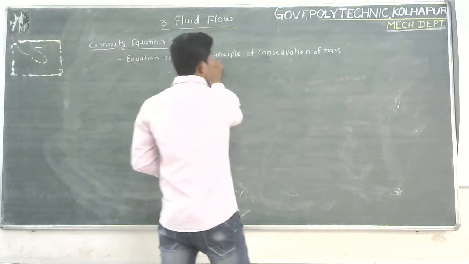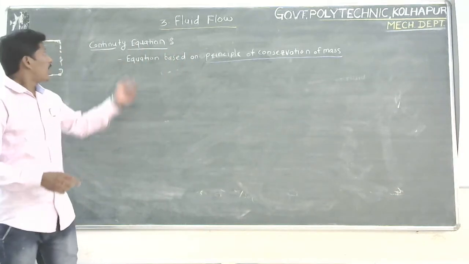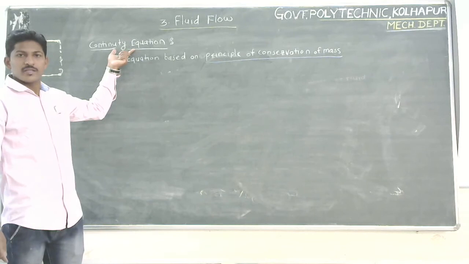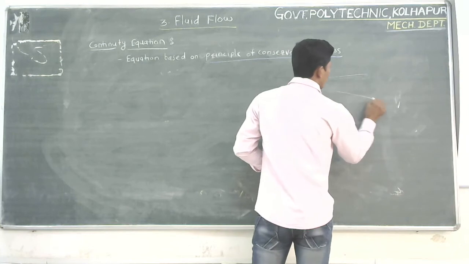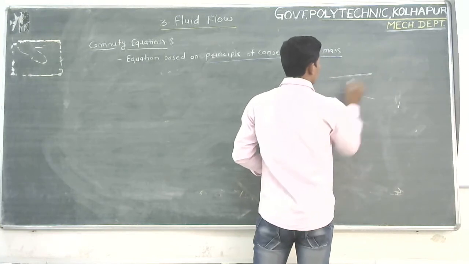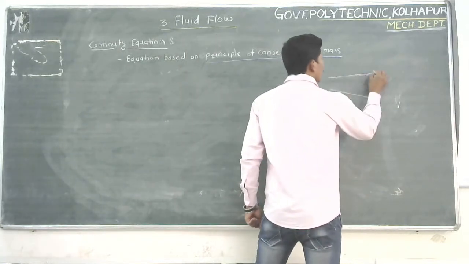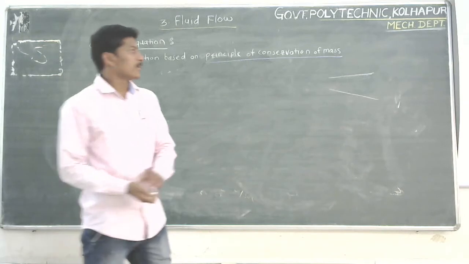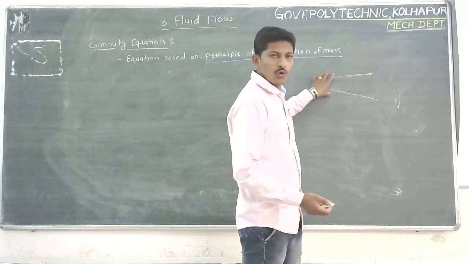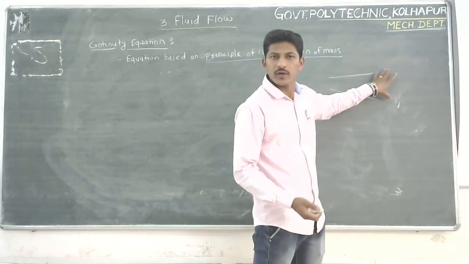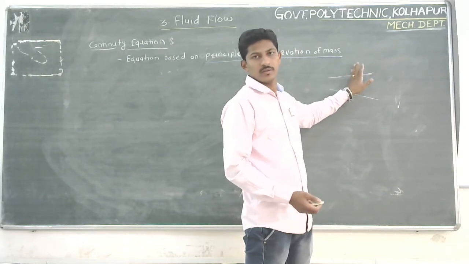So what we can understand from this, based on the principle of conservation of mass, is that as per the continuity equation, if we are considering a channel or a pipe, say a tapered pipe, whatever the discharge or rate of flow through this pipe, it will be constant at each point, right?